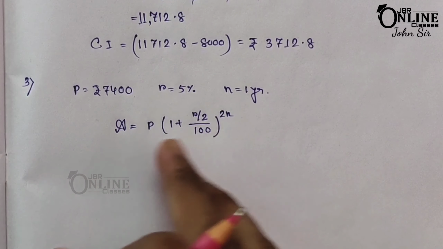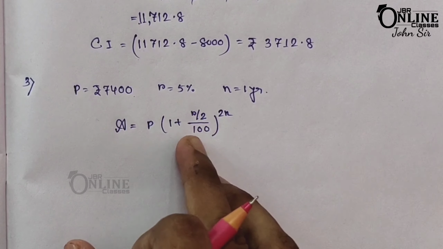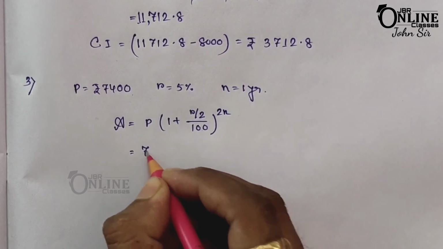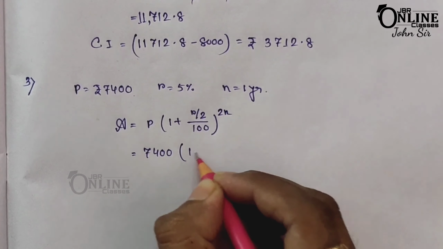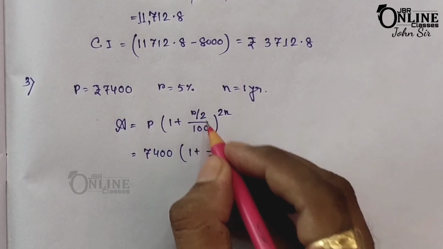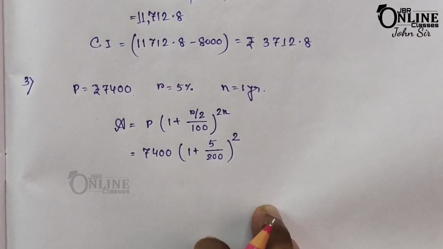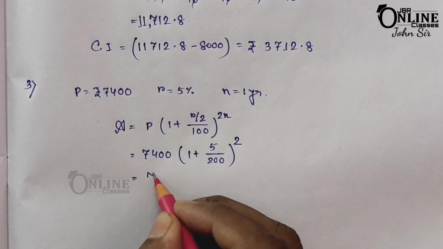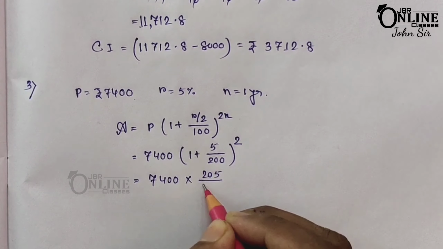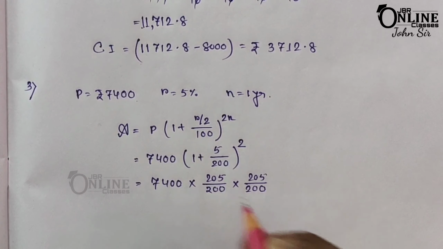Okay, then the formula will be A equals P into 1 plus R by 2 by 100 whole to the power 2n. So it will be 7400, here 1 plus 5 by 200, 2 multiplied with 100 is 200, and here 2n means 2. Clear? Now it will be 7400 into 205 by 200, again 205 by 200.